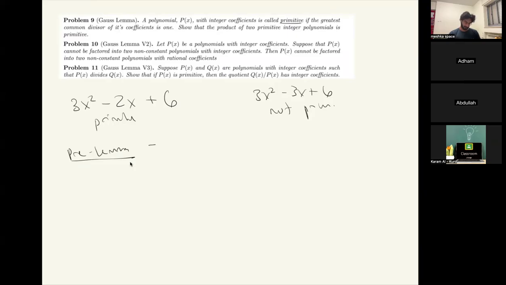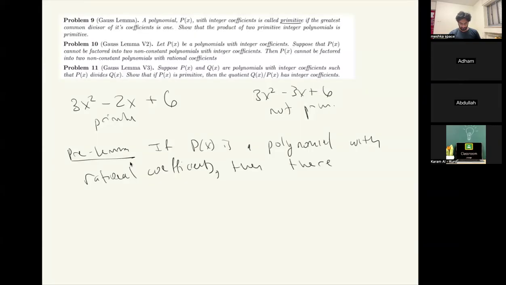So if p of x is a polynomial with rational coefficients, rational, not integer, then there exists unique R and Q of x such that R is a positive rational number.